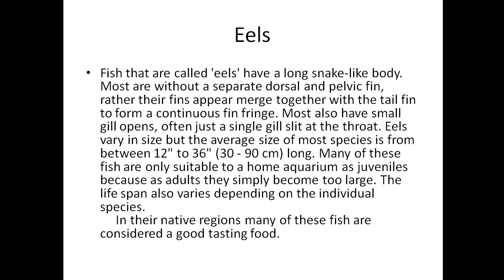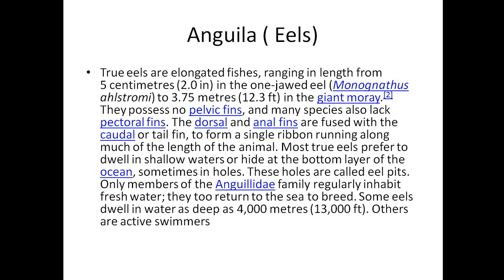The lifespan of these eels also varies depending upon the individual species. These eel fishes in their native region are considered a good tasting food, but compared to other fishes, generally people don't like many of these eel fishes.